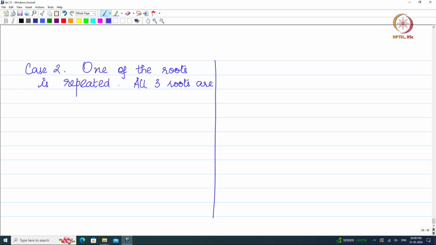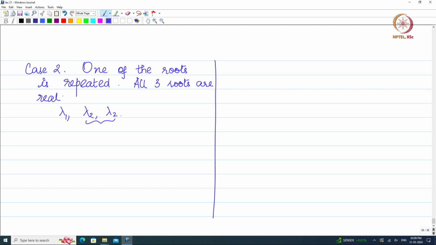Now assume that there is one root lambda 1 and the other two roots are basically lambda 2 and lambda 2. These are the three roots and they are all real. In which case this lambda 2 is basically a repeated root.